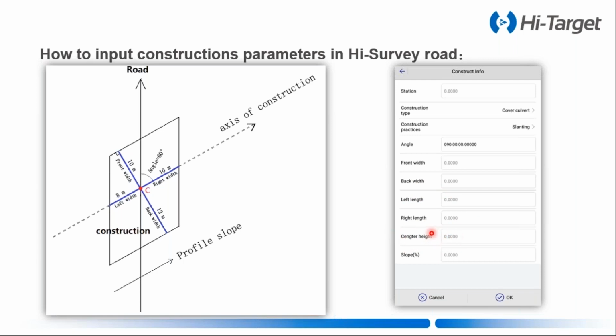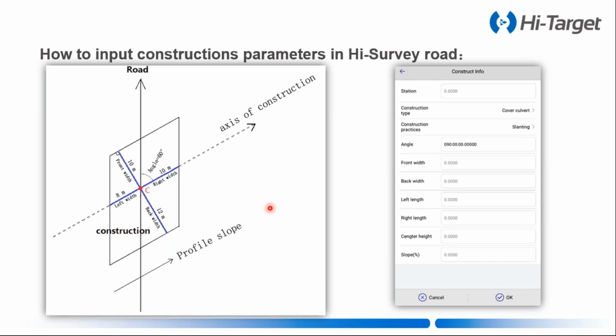The center height means the height of this point C. At last, we need to input the gradients. The direction of this gradient is like this arrow. You can see, in this arrow, the profile slope.